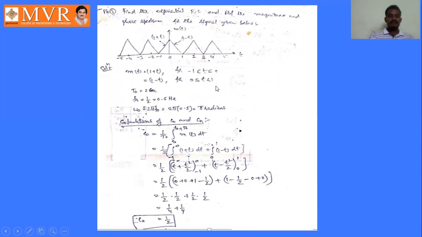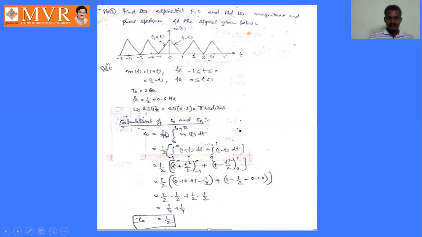Now it is time to find out the calculation of the exponential Fourier series coefficients C naught and Cn. So C naught equal to 1 by T naught integral from T naught to T naught plus T naught of m of t dt. Okay. So here we have two m of t functions.